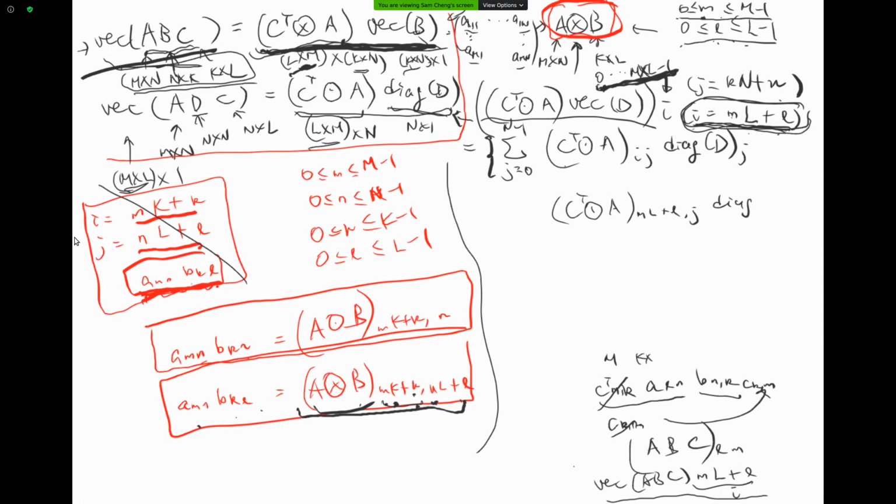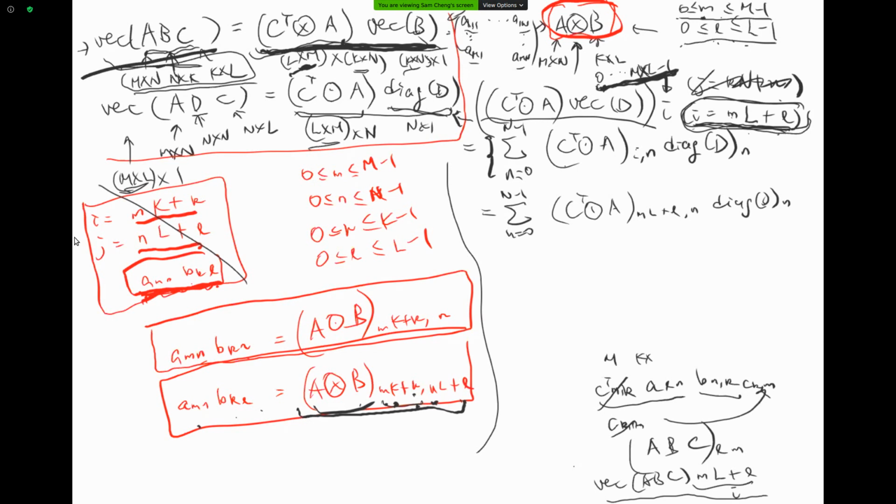Let me use small n here, so as not to confuse with the previous case. It's a small n from 0 to n minus 1 here, diagonal d n. So I just repeat the previous line here, just changing my I to ml plus small l.